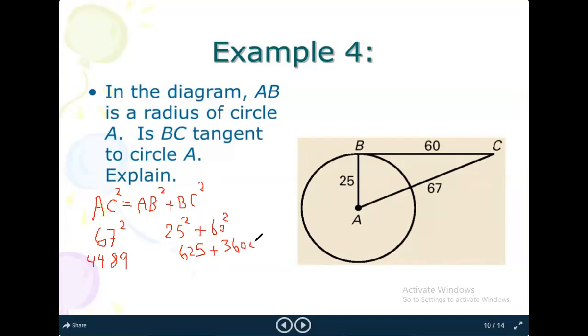Then add them together. 3,600 plus 625 will be 4,225.